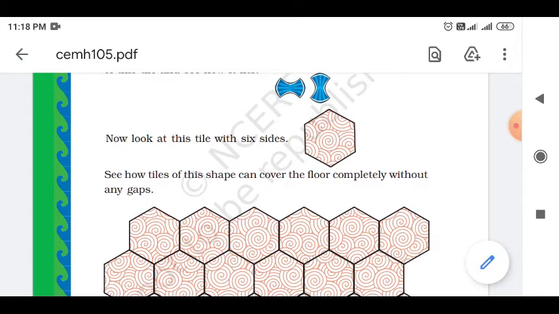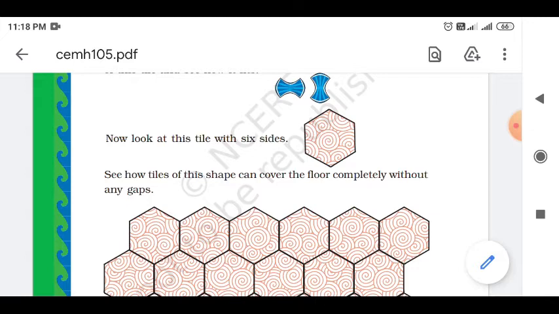If it has 4 sides and all 4 sides are equal, it is a square. If only opposite sides are equal, it is a rectangle. A figure having 4 sides, like a rectangle or square, you call a quadrilateral.